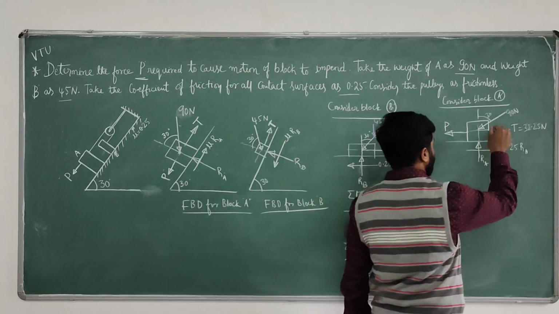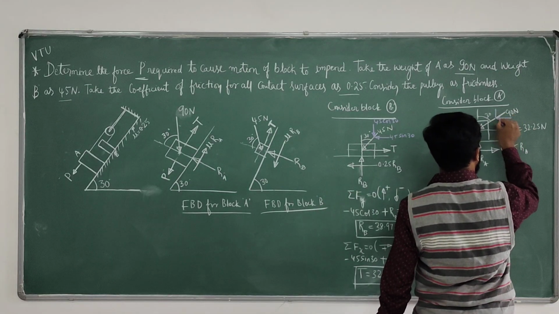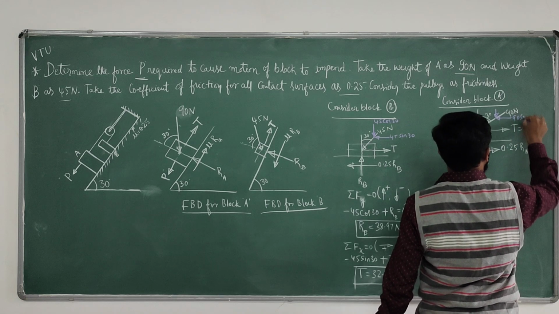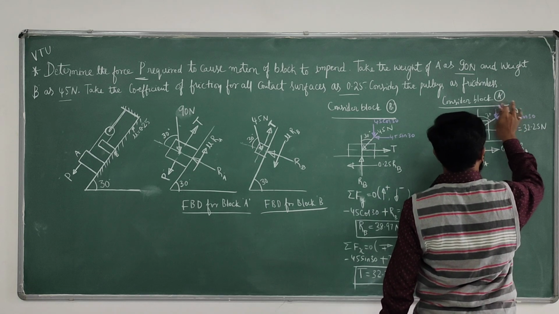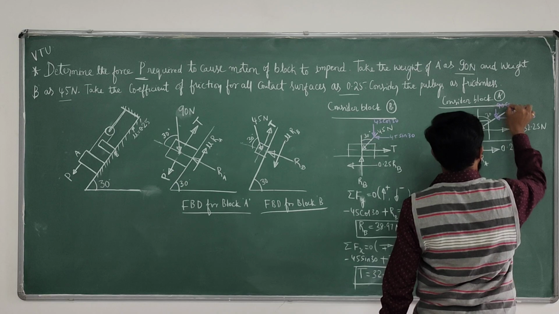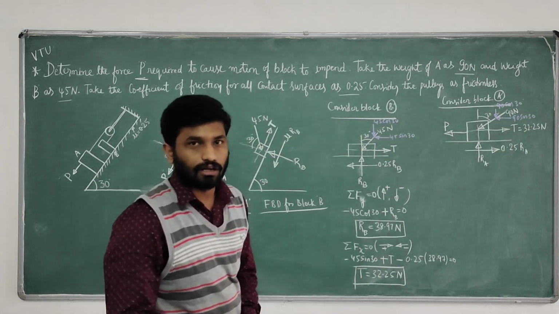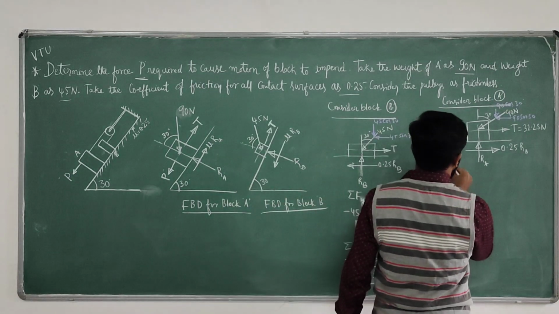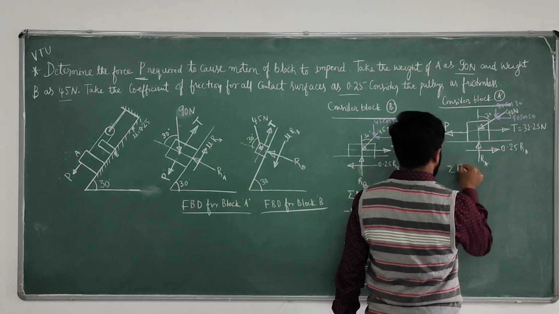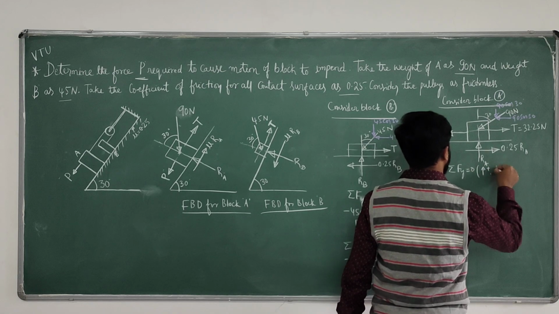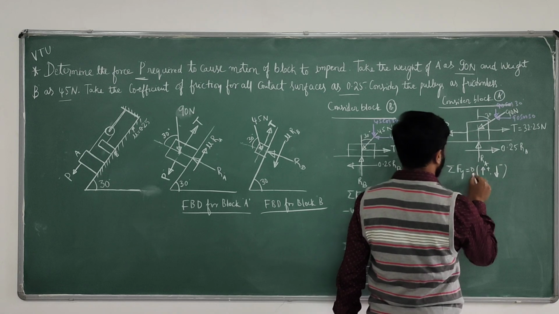Now we will resolve this inclined force into purely horizontal and purely vertical forces. This is 90 sin 30 and this is 90 cos 30. Now apply sigma Fy equals 0. All vertical forces, upward forces are positive, downward forces are negative.